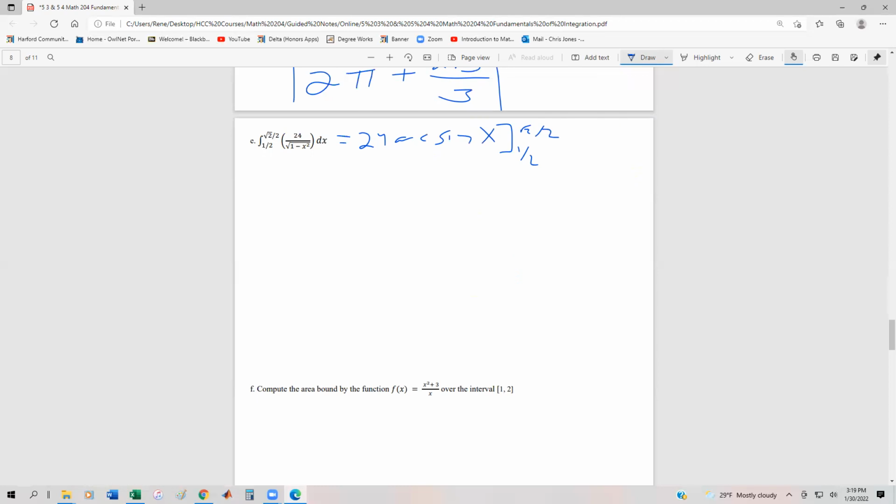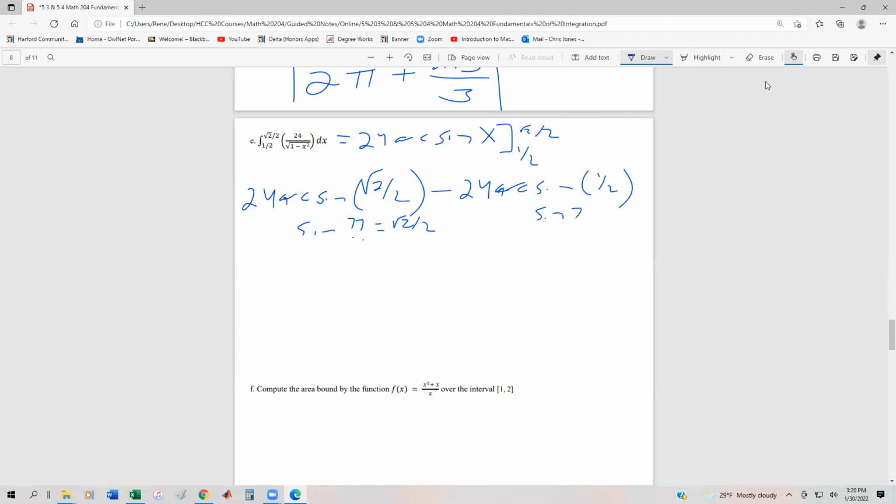Again, what we should do is plug in the root 2 over 2 and the 1/2. So it's going to be 24 arc sine of root 2 over 2, minus 24 arc sine of 1/2. And the question again lies, the sine of what angle is equal to root 2 over 2?